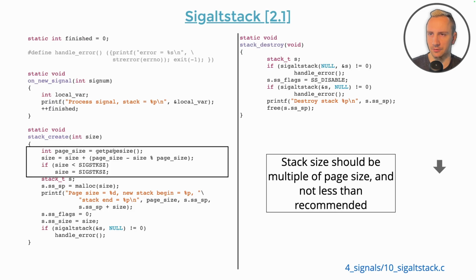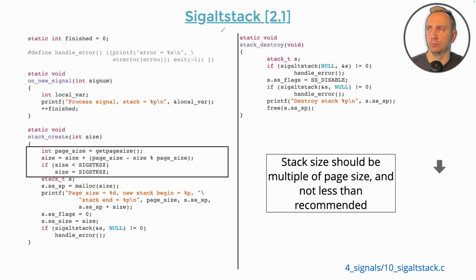You can technically use part of the stack as a stack, if you want. You just have to take this memory from somewhere. In this case, I just allocated it on the heap. I set its size and I call sigaltstack with this provided stack. So now it is set for my thread as a special stack for signal handling.